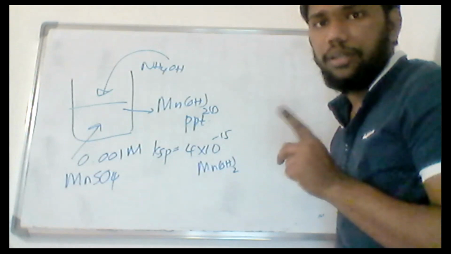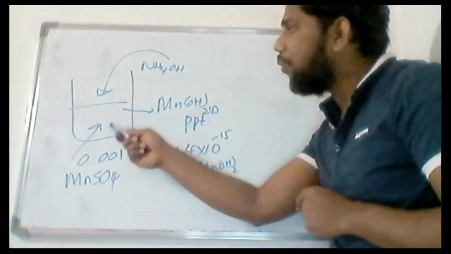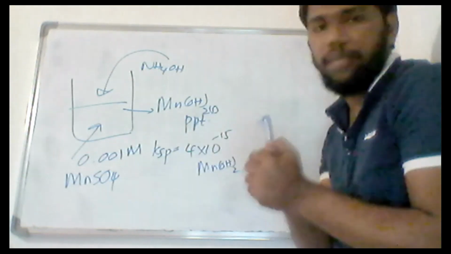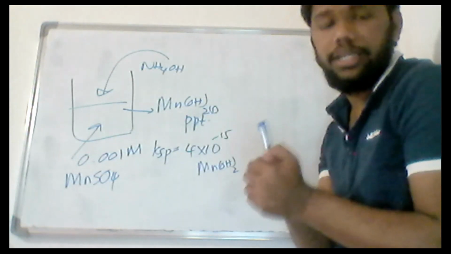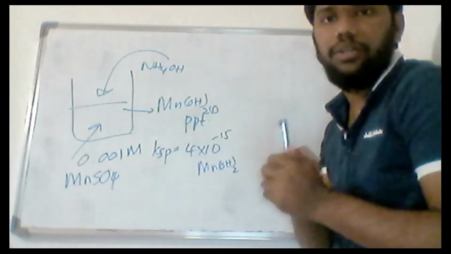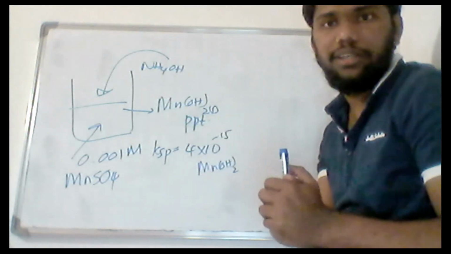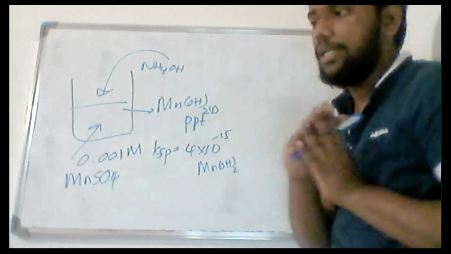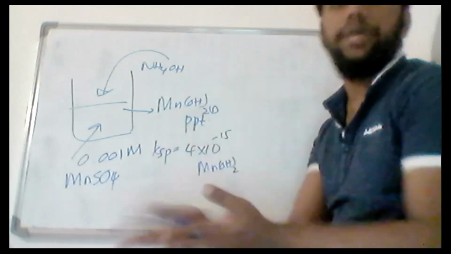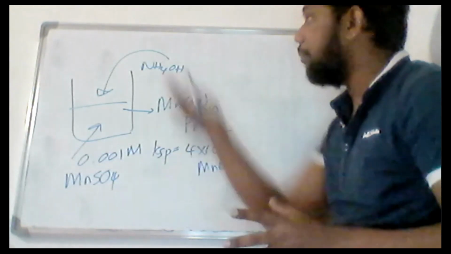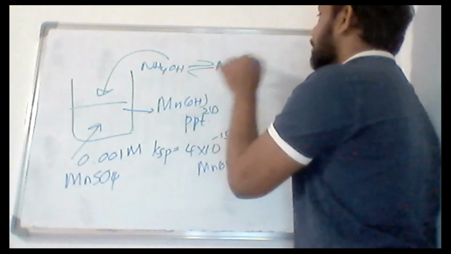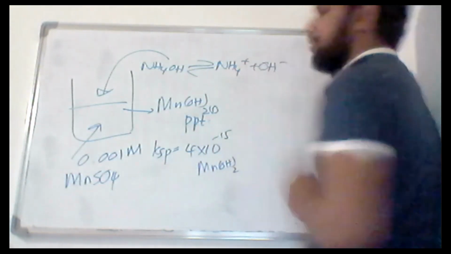But you should be careful. Why? Because the OH minus that is necessary to precipitate Mn(OH)2 is given by ammonium hydroxide, not by sodium hydroxide. Sodium hydroxide completely dissociates to give all the OH minus, but ammonium hydroxide will be in its equilibrium like this.